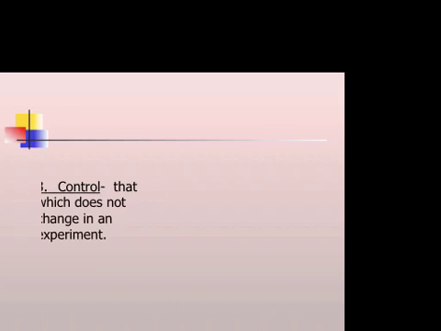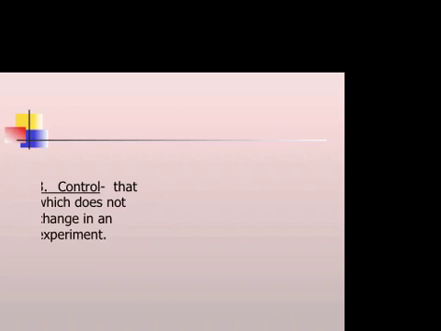And a lot of times when we're looking at doing experiments, we want to make sure that we've controlled all the variables except for one. And that's the dependent variable, the responding variable. So we want to see how does that affect the outcome. So when we think about controls, that's kind of the most important piece. Are we really assessing what we want to?